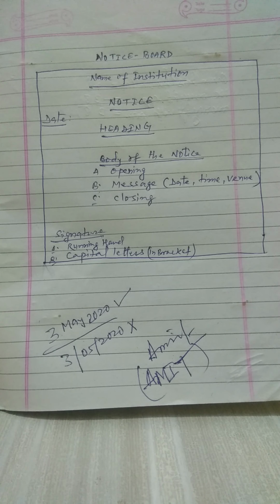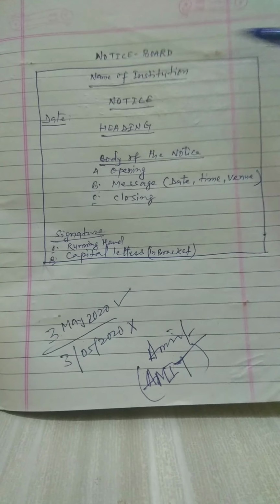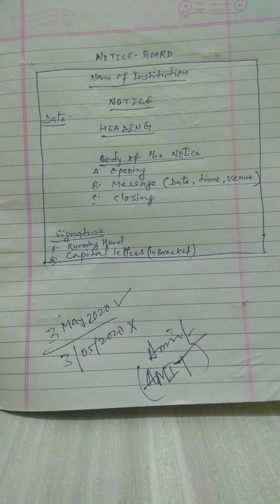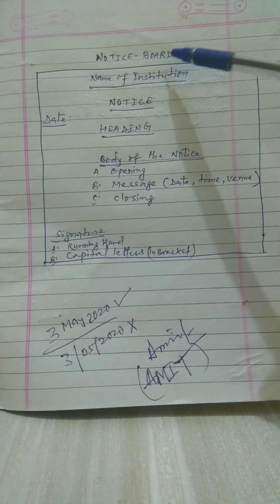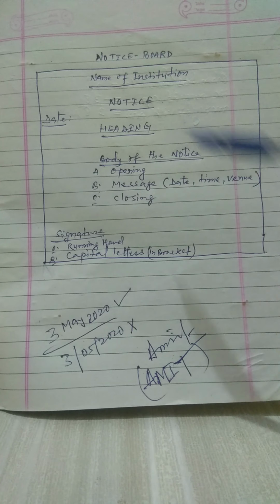First of all, we draw a box like this. In the examination, we draw a box like this, and above the box you write NOTICE BOARD, and it should be in capital letters.